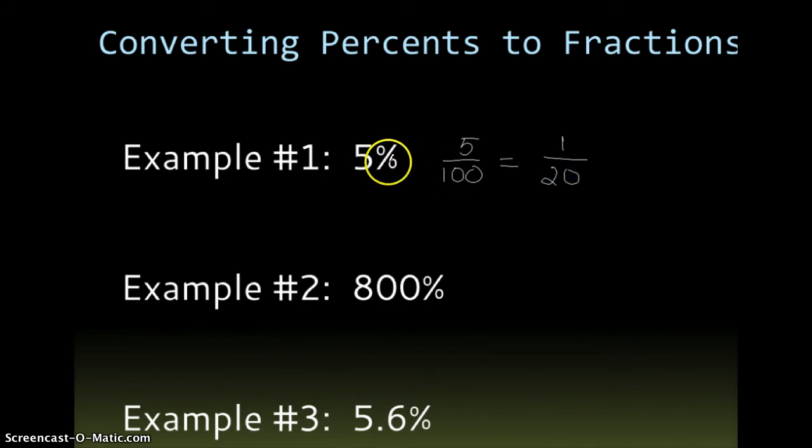So 5% is the same as saying 1 over 20. Okay? So percent, remember, it means out of 100. So 800 out of 100. So we can just divide. We cancel our zeros. 2 for 2. 8 over 1, that's equal to 8.